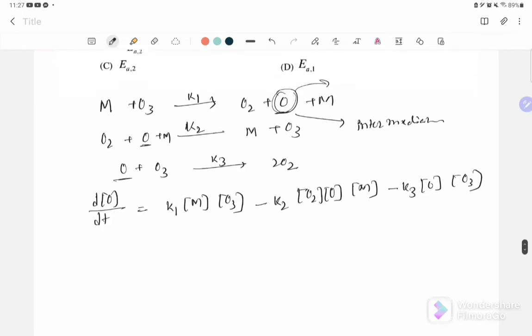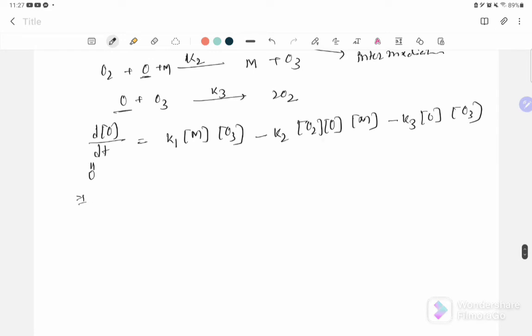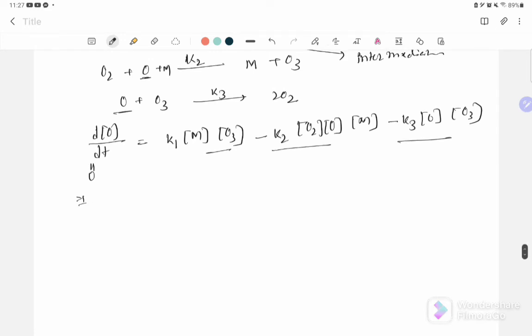According to the steady state approximation, d[O]/dt will be zero. From this equation we can write the concentration of O as K1 M O3 by K2 O2 M.